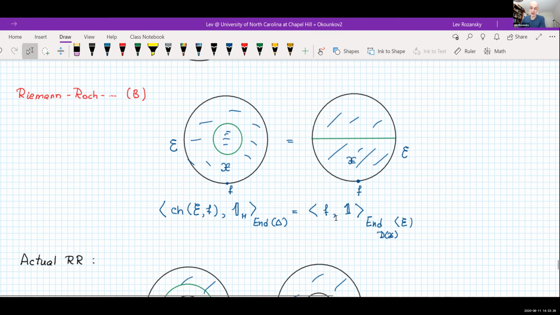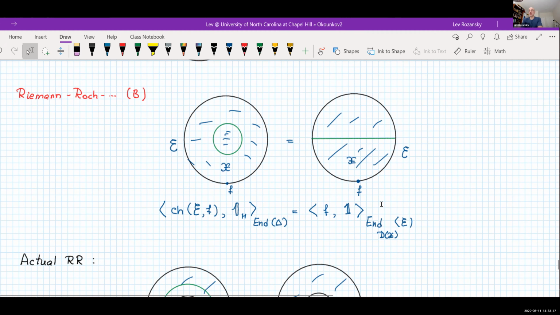To the lower half disk, you associate F on the nose. And both represent vectors in the space of endomorphisms of E. Again, there is a pairing, so you apply that pairing. So left should be equal to right.